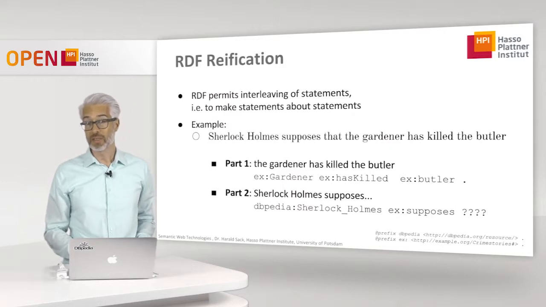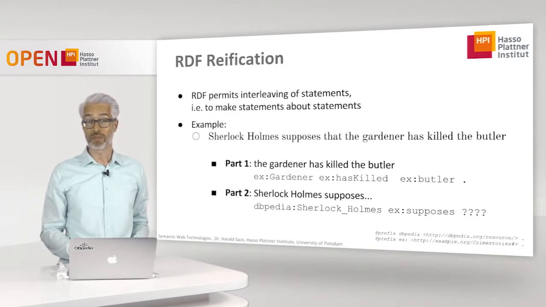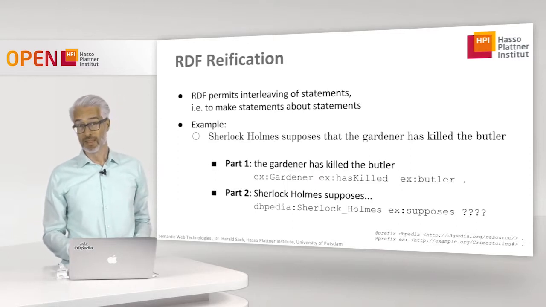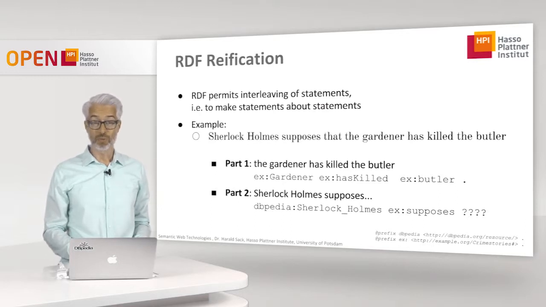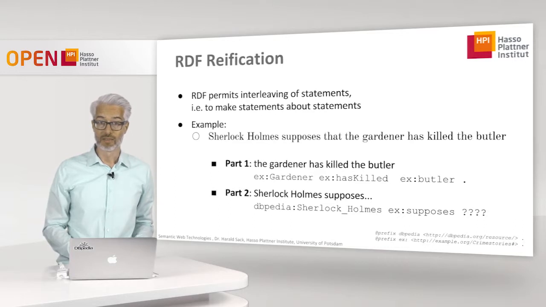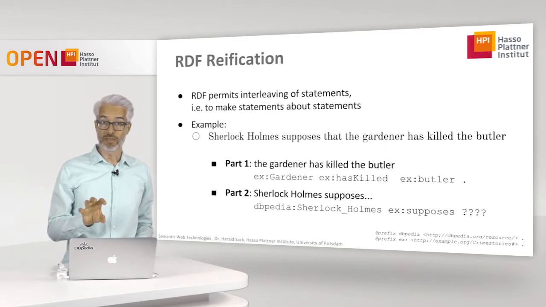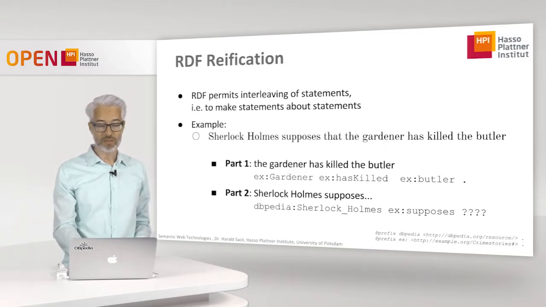And we cannot simply make a triple into an object, because an object has to be referred to as a URI. So somehow we have to find a way to express the URI of an RDF statement, to make sense of it and to further work with it. And to do this, there is this construct of reification.